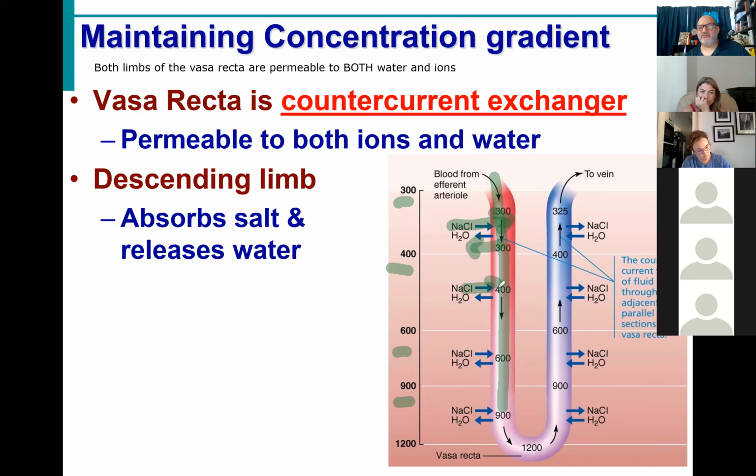Sodium comes in and water wants to leave. So notice the effect of this is that by traveling down, it takes the sodium, it takes the solutes, and brings them to the lower part of the medulla.